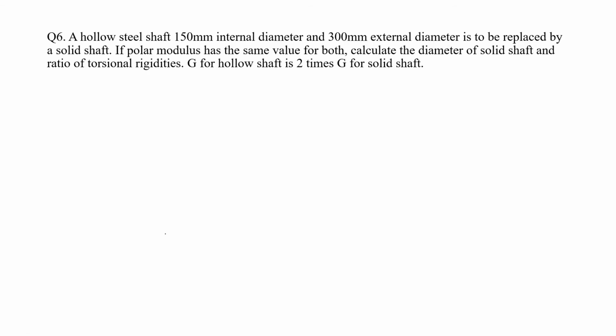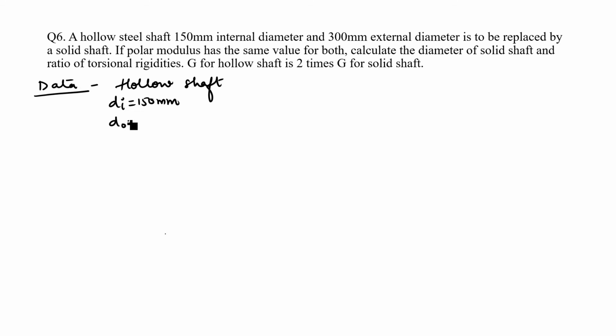Let's take up another one. A hollow steel shaft, 150 mm internal diameter. So I have a hollow shaft whose internal diameter is 150 mm and 300 mm external diameter.